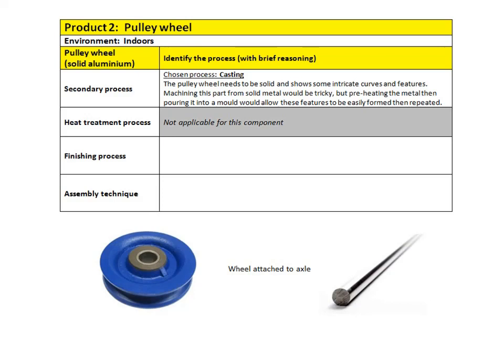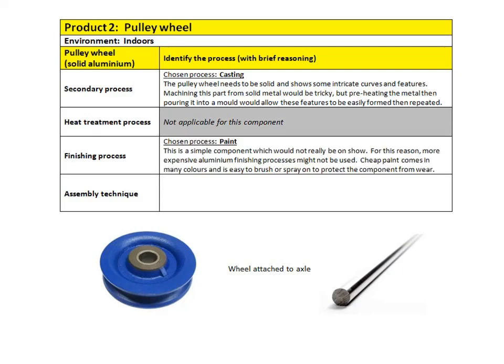I mean, it's going to be used indoors. It's not really on show. Nobody's going to be assessing its aesthetic quality too much. Does paint go on aluminium? It does. So I've chosen a paint finish, and I've made it clear it's not going to be on show, and it comes in a range of colours to suit the person selling the pulley wheel. It also has a bit of abrasion resistance as well that you could mention.